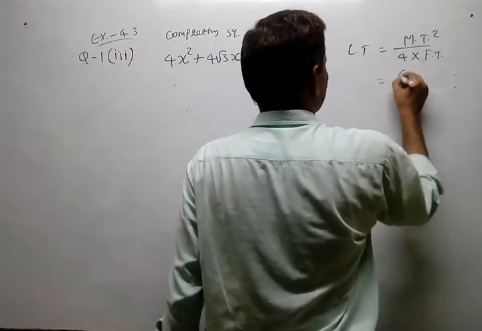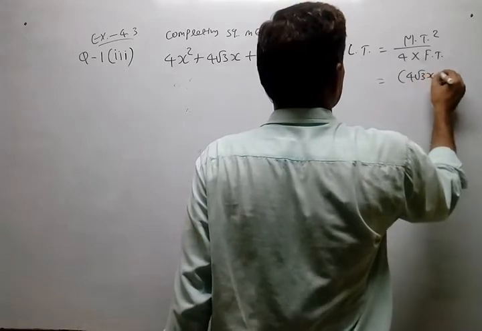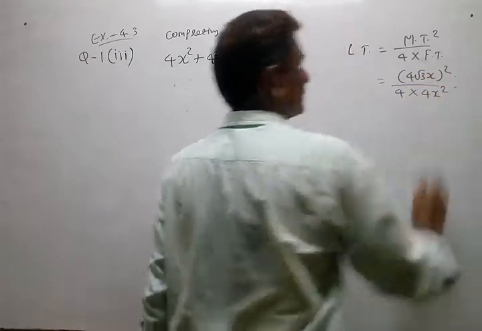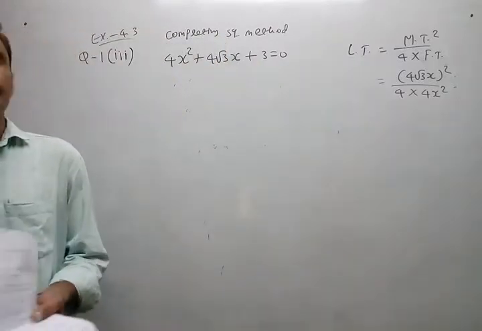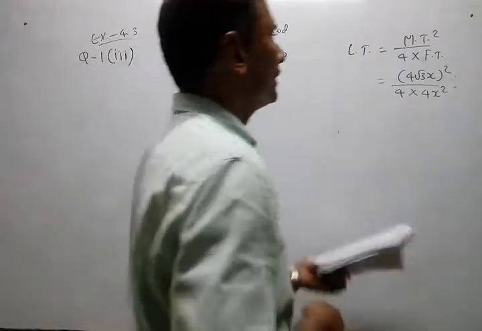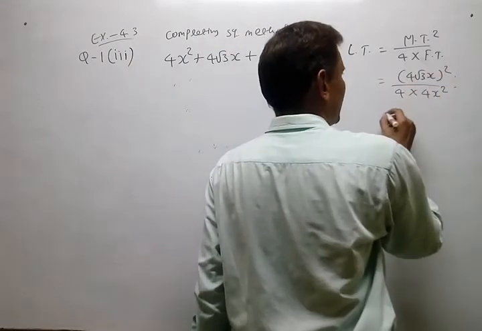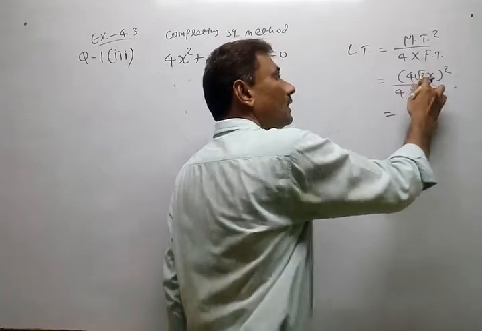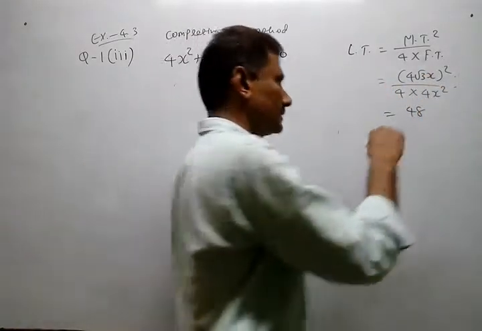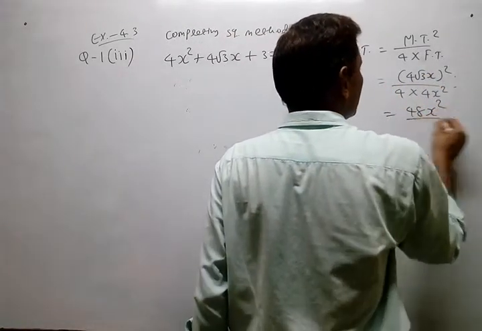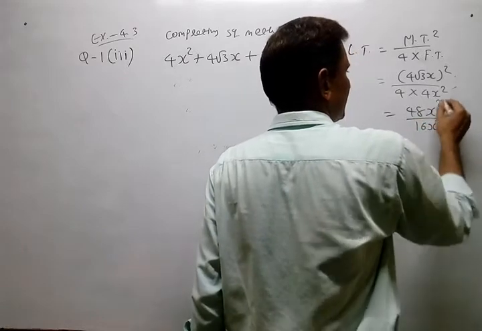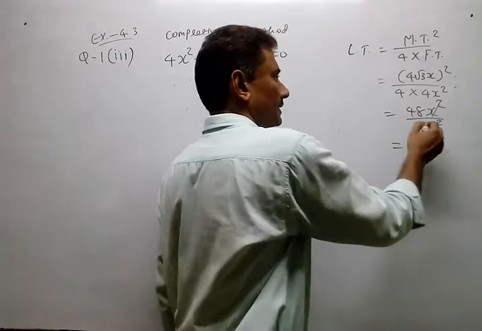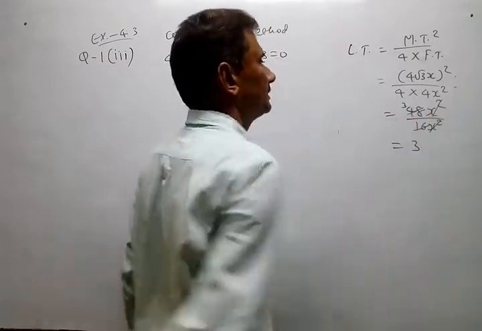Now, the middle term squared is (4 root 3 x) square, divided by 4 into 4x square. The square of 4 root 3 is 16 times 3, which is 48x square, over 16x square. The x square cancels, and 16 threes are 48, so we get 3.